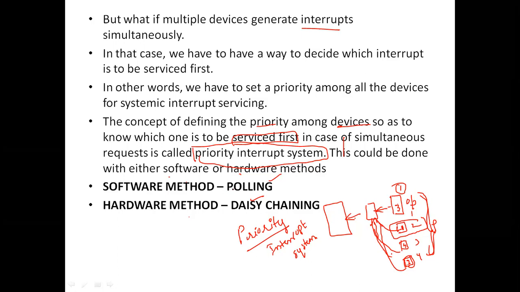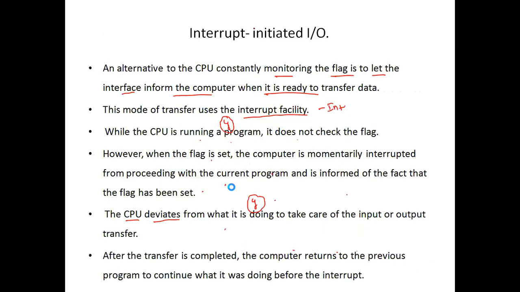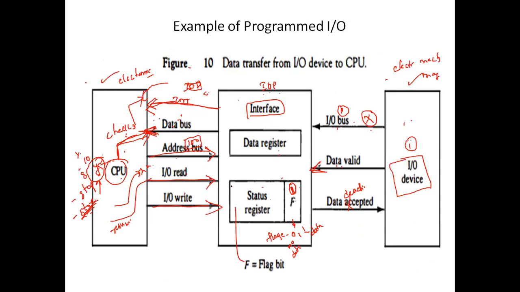The CPU stops executing the current instruction, stores the details of the currently executing instruction, and then attends the interrupt. After completing the interrupt, by checking the details of where it stopped, it resumes from there. So if there is only one interrupt, we can do it like that.